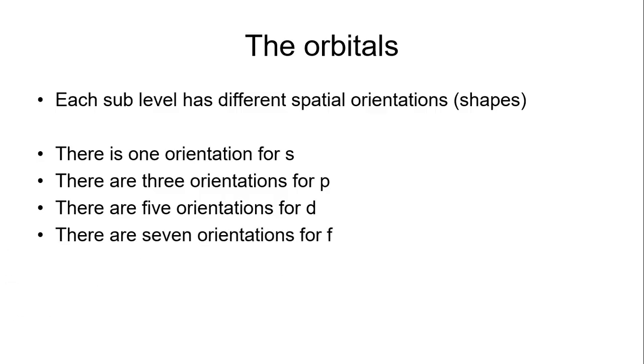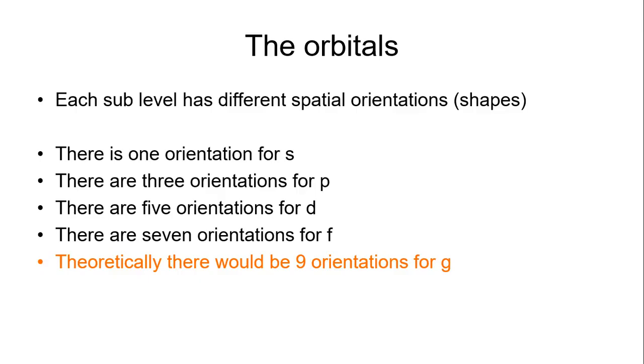It would be 7. So there's 7 orientations for the F. Now, if we had G, H, I, they would have the prescribed number of orbitals. So G would have 9, H would have 11, I would have 13.